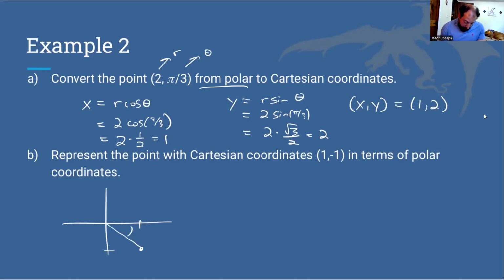So that's going to make an angle of 45 degrees downwards, so negative pi over 4. And the hypotenuse there would be a length of root 2. So this is one possible answer.